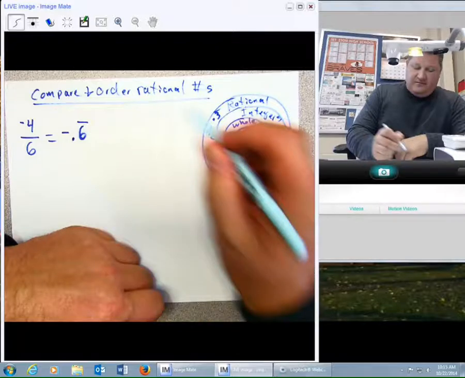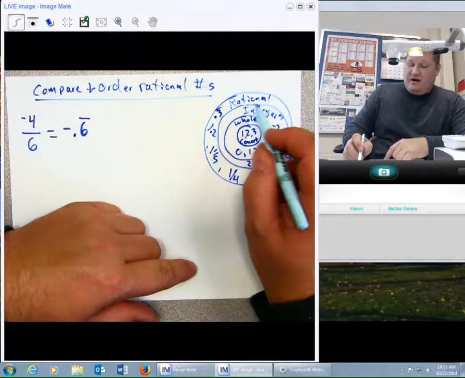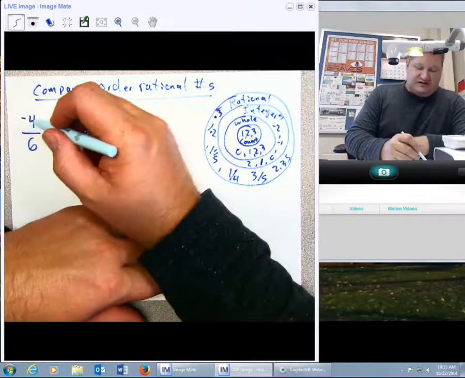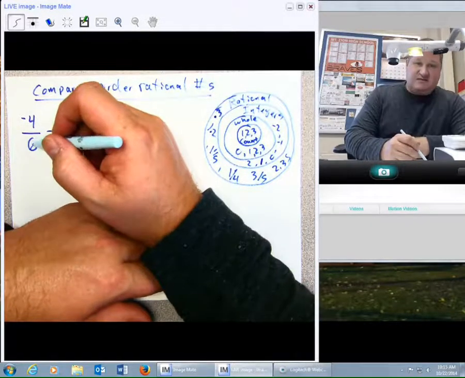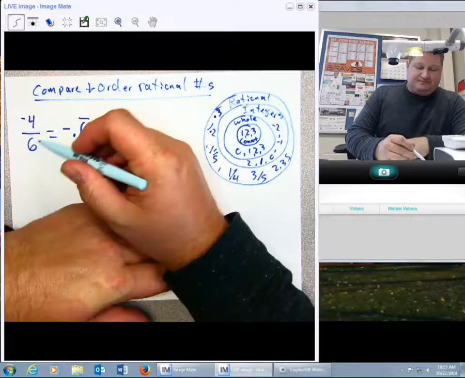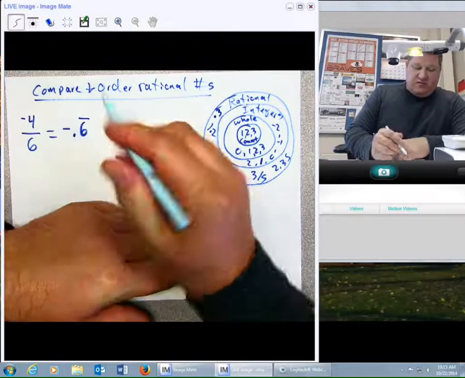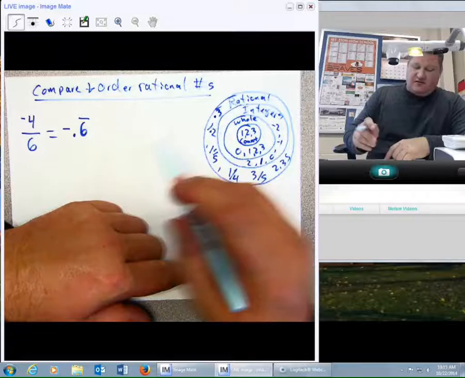That is now a decimal, and a repeating decimal at that. So we're out in this idea of rational numbers because it makes sense that we should be able to divide. It makes sense, it's rational. And since we divided, it means that we have a decimal now. It doesn't fit in one of the other categories.